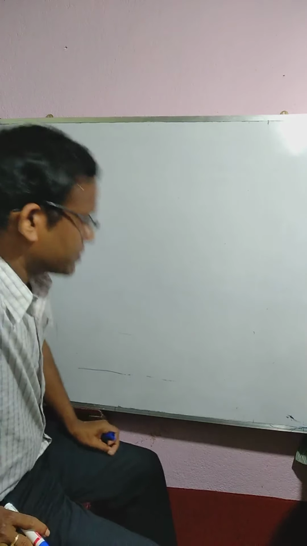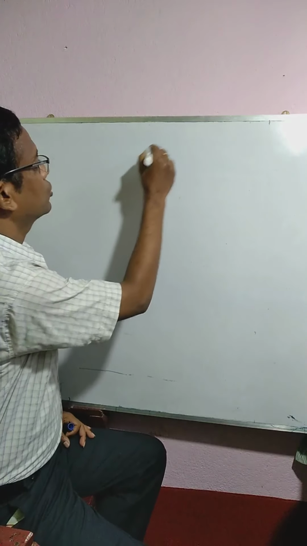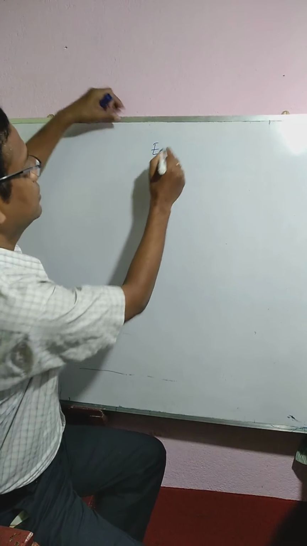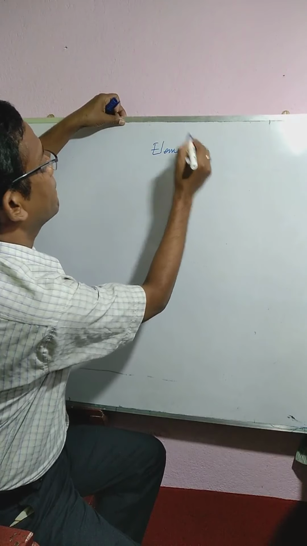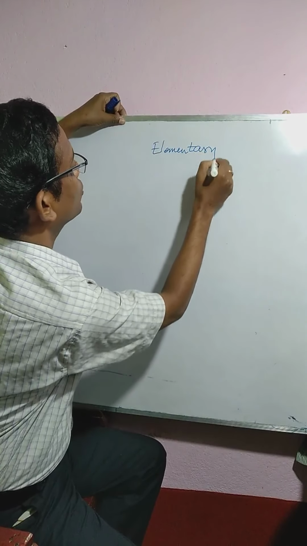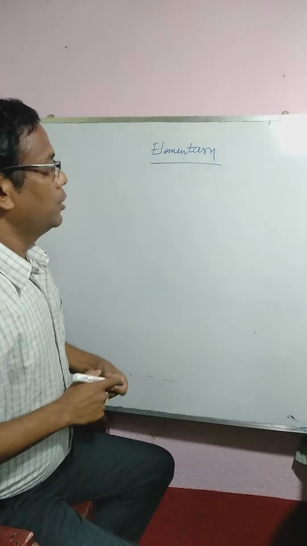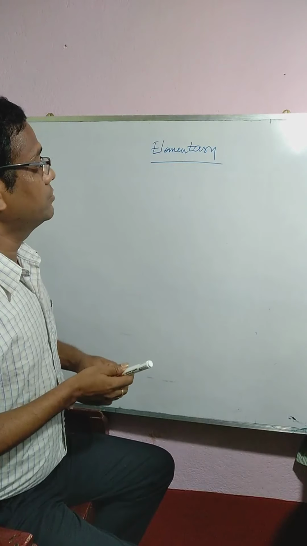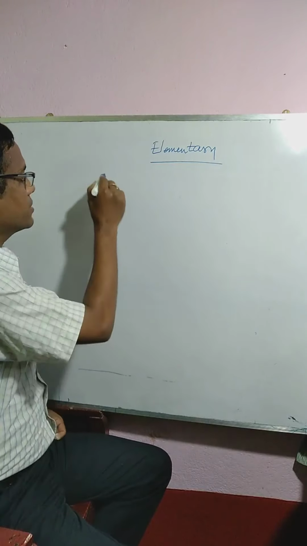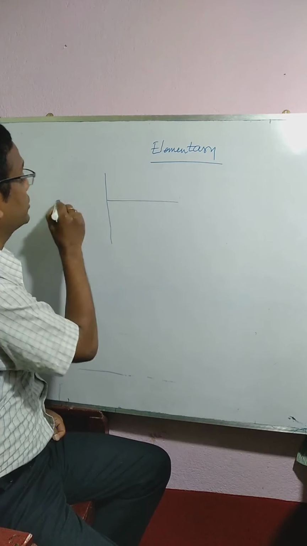So let's start with the most elementary signal, the most basic, widely used signal, that is sinusoidal signals. So the topic is elementary signals. Those who have the notes handwritten by me may follow page number 1. This is the basic sinusoidal signal.